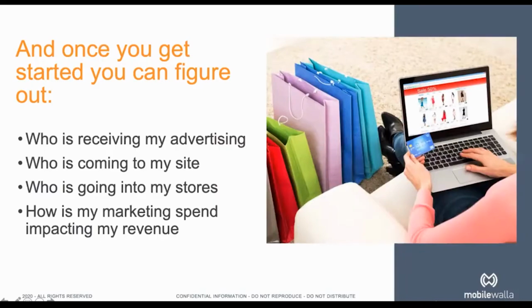Once you do that, you can track it back to advertising. So you can start asking: can I know who's receiving my advertising, who's going to my store? How do I optimize my marketing spend?